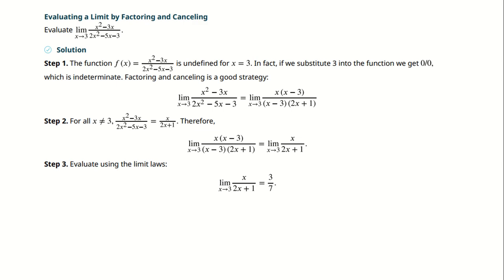Here is the example. We have to factorize and then cancel the term for which we get 0 by 0.